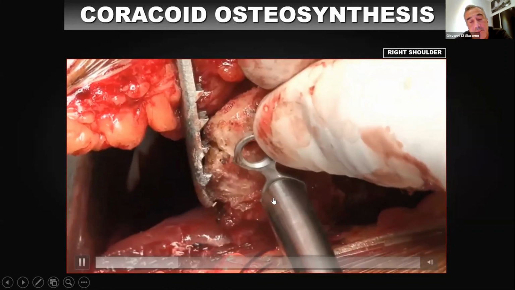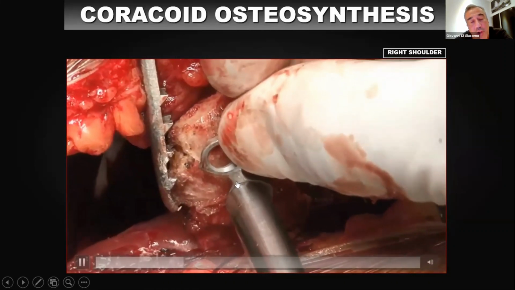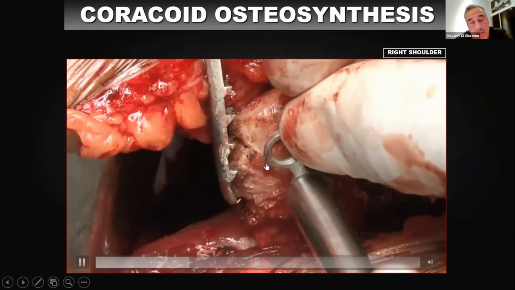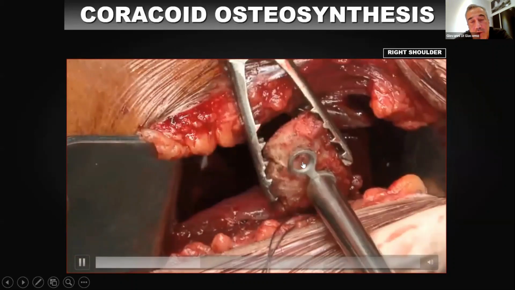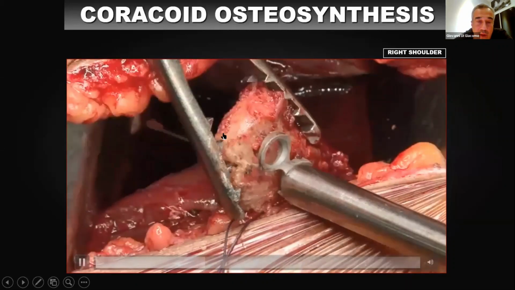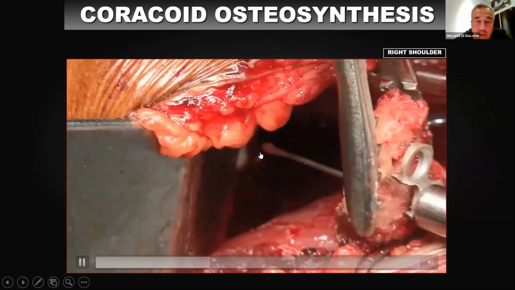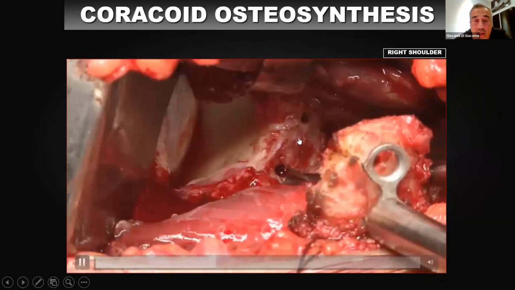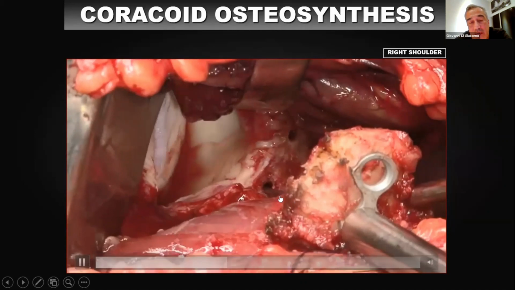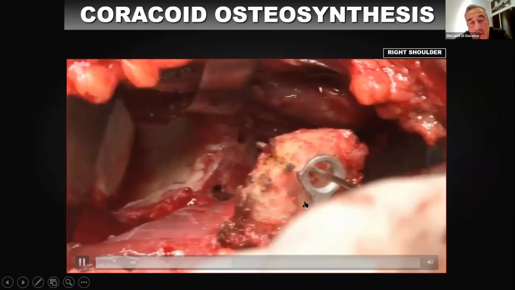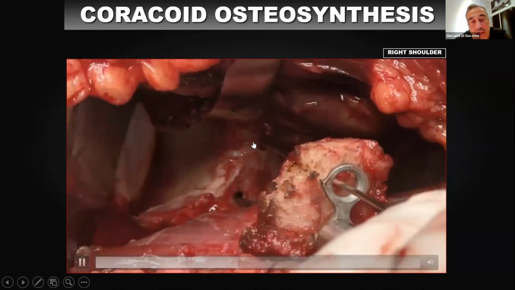You can see now, we make a compression of the plate on the coracoid. We introduce a K-wire through the joystick, through the plate, through the coracoid, and we look for one of the 2 inferior holes that we made on the glenoid, with the same technique that we used for the hole on the coracoid. I insert the K-wire here and another short K-wire superiorly.